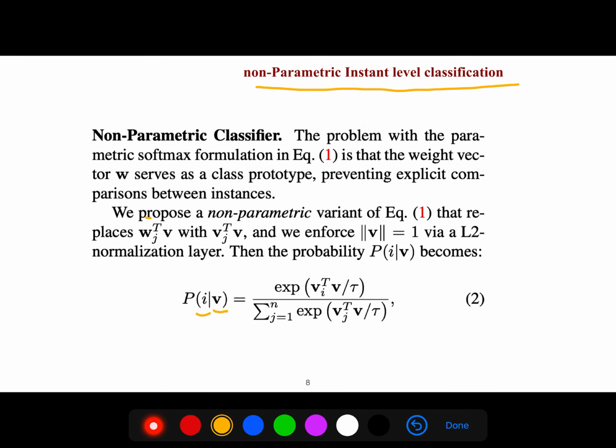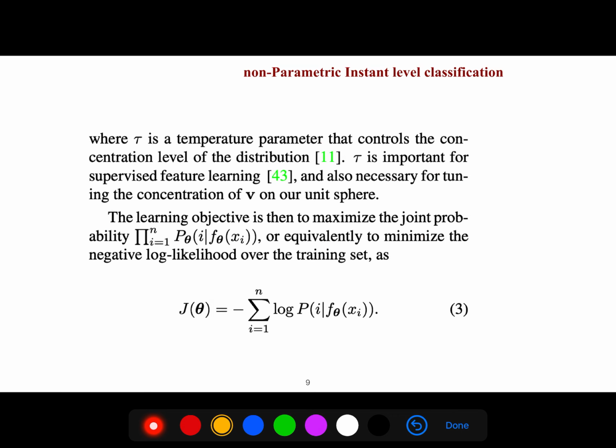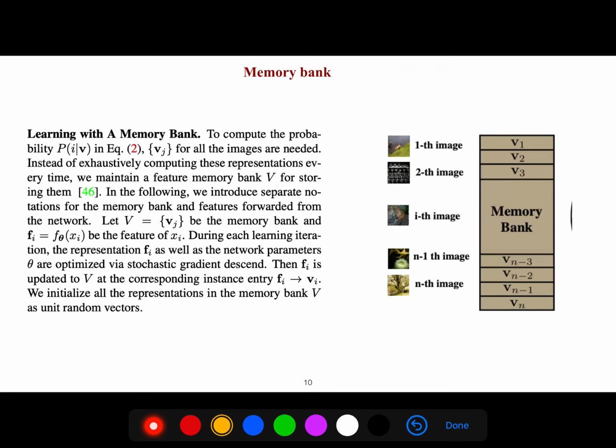We replace this with Vj transpose V and enforce an L2 normalization layer, and tau is just a temperature parameter. Then the learning objective is to maximize the joint probability, or to minimize the negative likelihood. And then we have a memory bank.